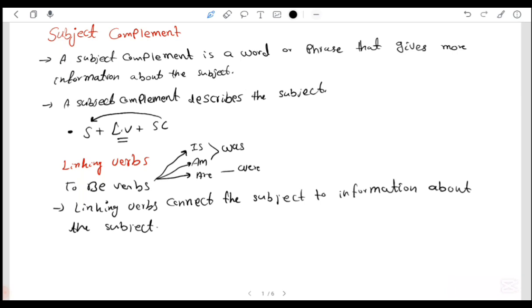As I have told you, they're like an equal sign, like subject equals subject complement. So they're mostly used to connect the subject to the information about the subject. And the most common linking verbs are to-be verbs, like is, am, or was, were.